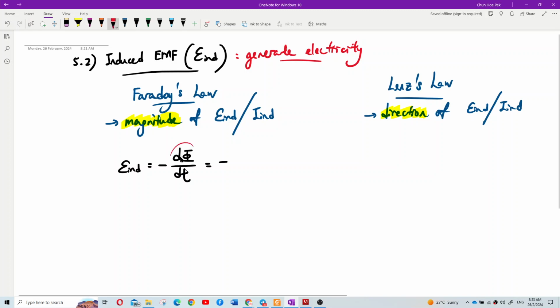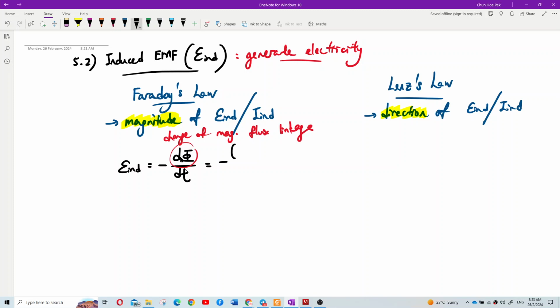The top here is called the change of magnetic flux linkage. So we can write the formula as flux linkage final minus flux linkage initial, divided by the time taken.